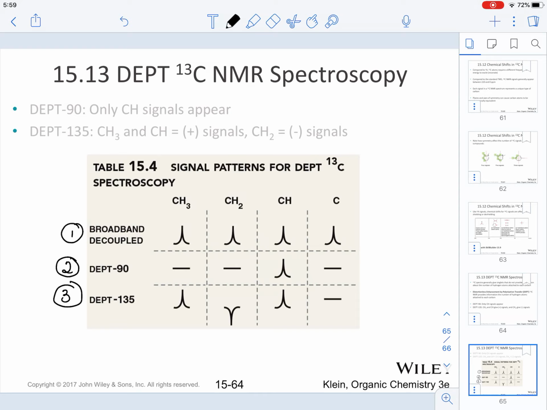For DEPT 90, because the signal is specific to the CH, you're not going to see any CH3s or CH2s or just the carbon atom, only the CH, and it shows up as a singlet. When we do a DEPT 135 experiment, the CH3 and the CH are going to show up as positive signals. The CH2 is going to show up as a negative signal. That's why the singlet is pointing down, and the carbon just by itself is not going to appear.